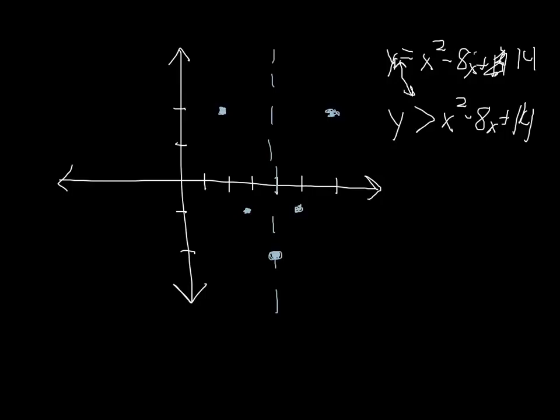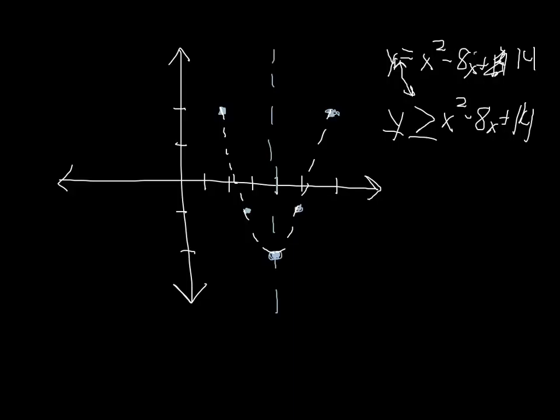Well, in this case, my parabola that I draw isn't going to be a solid line. It's going to be dotted. Because this is greater than, and not necessarily equal to, I have to draw a dotted line for my shape. And because y is greater than, then y is only going to be specific values. And I can shade those values in.